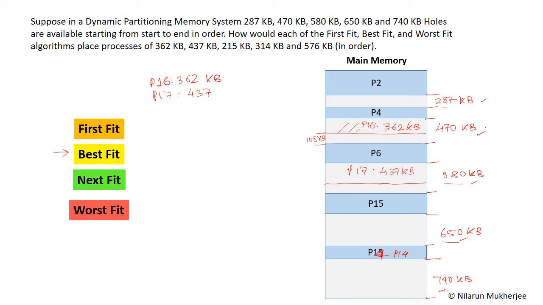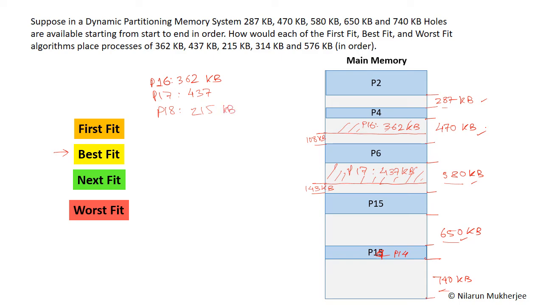So it will fit it here. P17 will be there, 437 kb. So 580 minus 437, 143 kb hole. Then the remaining leftover will be 143 kb.